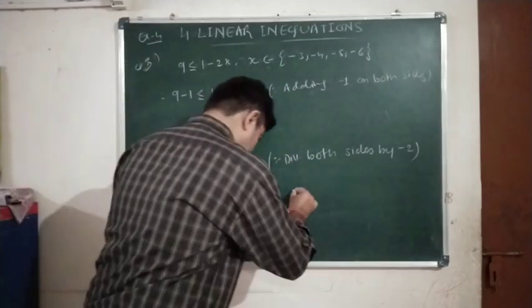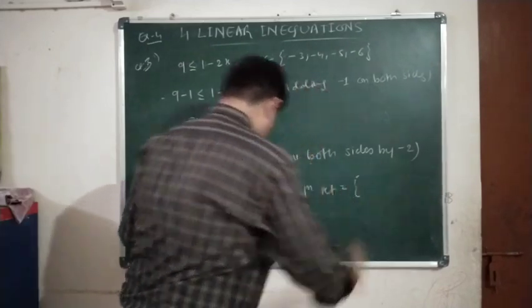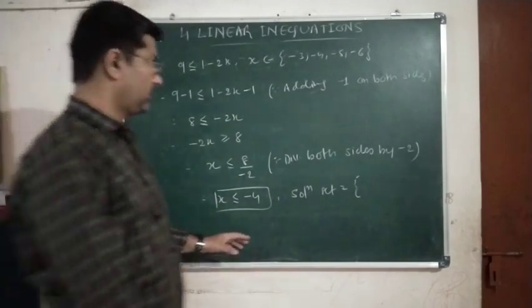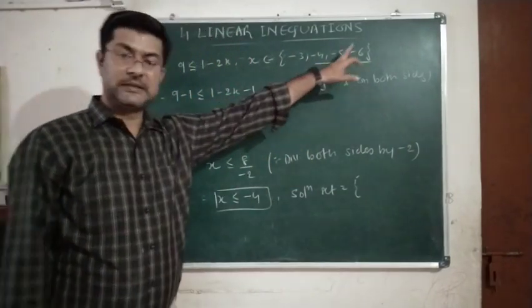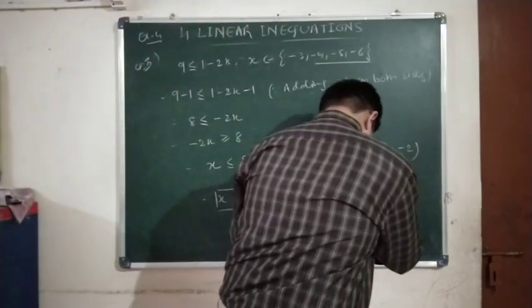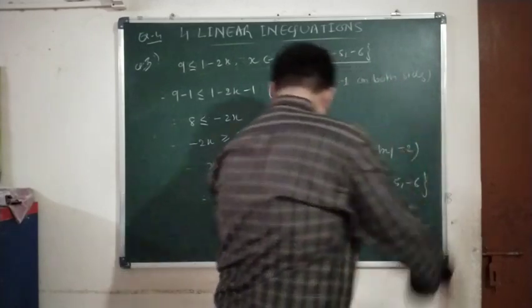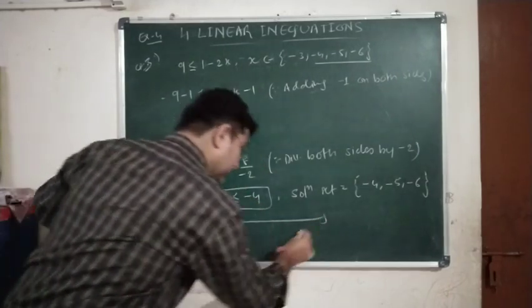Okay, now we will find out the solutions from the replacement set. So solution set, x less than or equal to minus 4. Which are the numbers less than or equal to minus 4? So starting from minus 4, minus 4, minus 5 and minus 6. Okay, this is the solution set. Let us represent this on the number line.